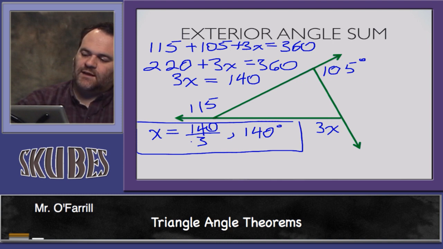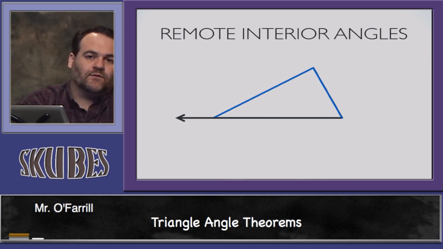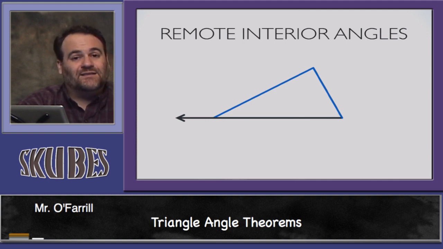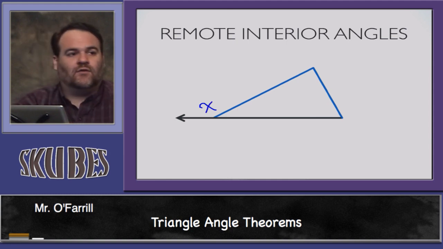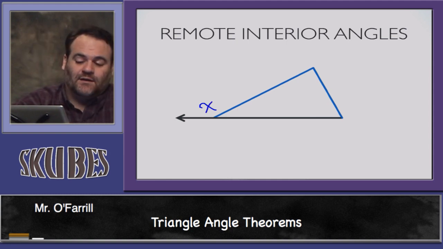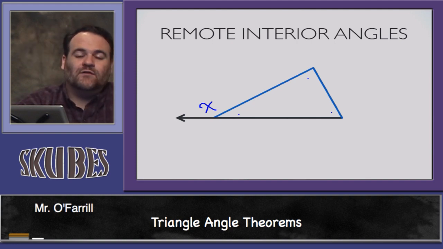So now let's move on to the last theorem, remote interior angles. The remote interior angle theorem states that an exterior angle, this one right here, we'll call this one x for exterior, is equal to the sum of the two remote interior angles. Now there are 3 interior angles. The word remote means far away. You have a remote at your house probably. Usually that's short for remote control.